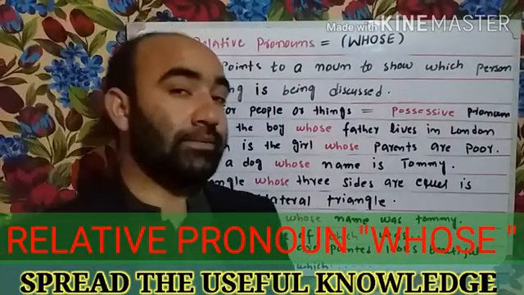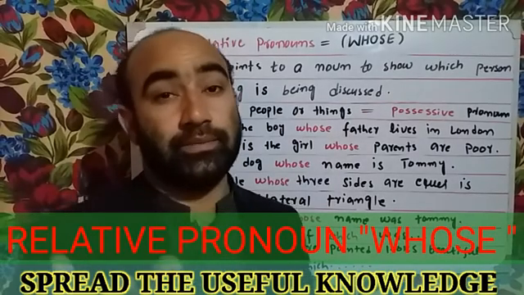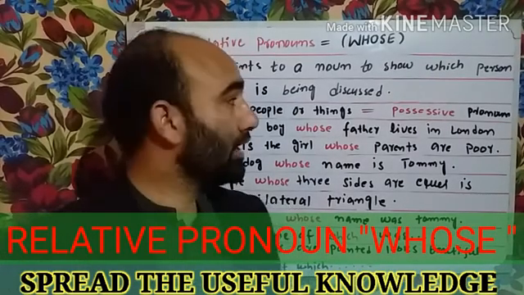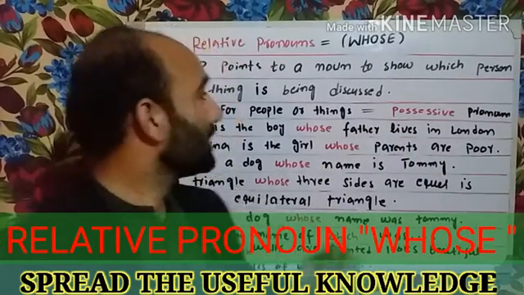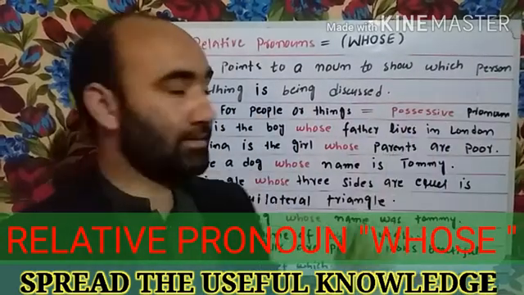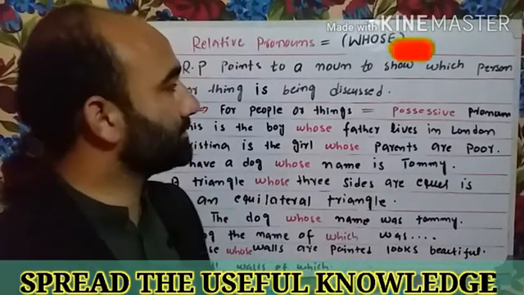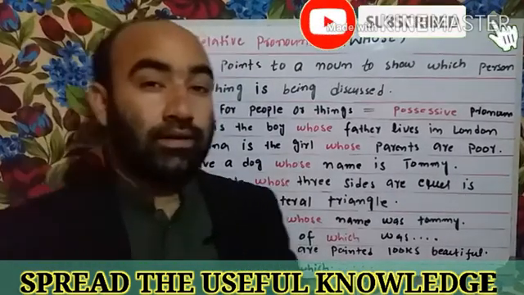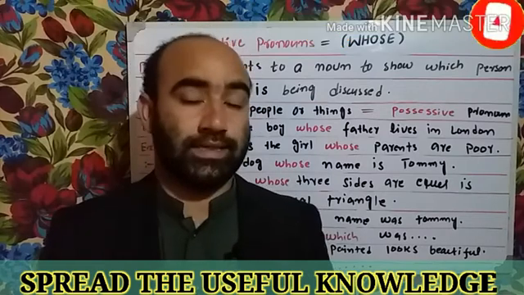But before that, I'm going to tell you the definition of the relative pronoun to help you understand in a better way. And you have to learn this definition. A relative pronoun points to a noun to show which person, place, or thing is being discussed. A relative pronoun creates a link with a noun in a sentence.